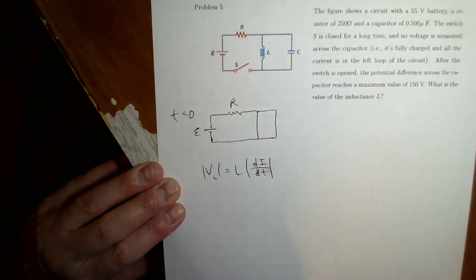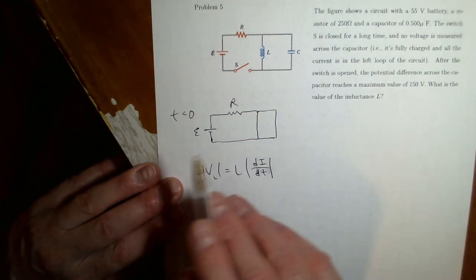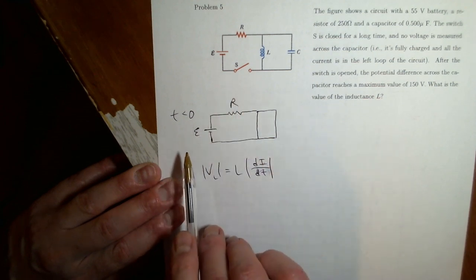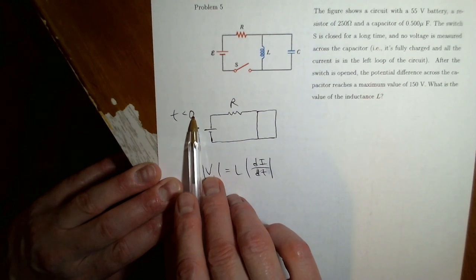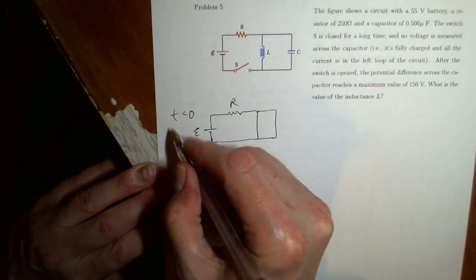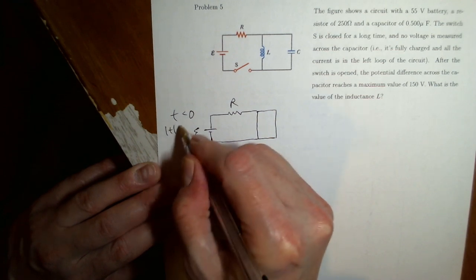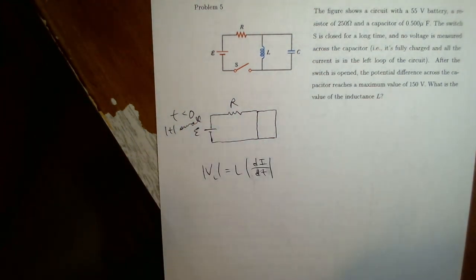So I'll call this time less than 0, but close to the time you open the switch. In other words, the circuit's been sitting for a long time. So I'll say before you open the switch, time less than 0, but absolute value of time small. In other words, shortly before you open the switch.